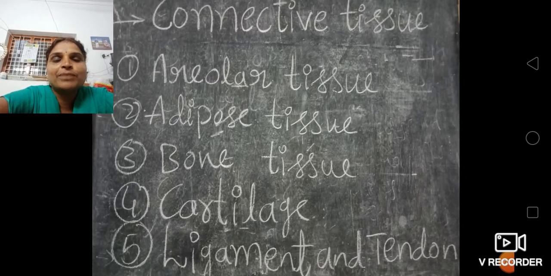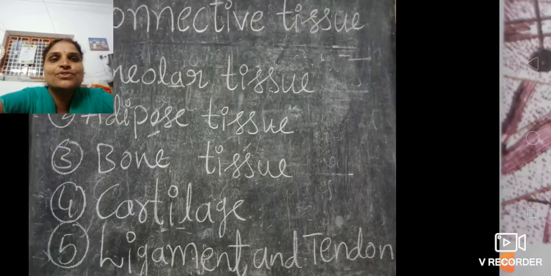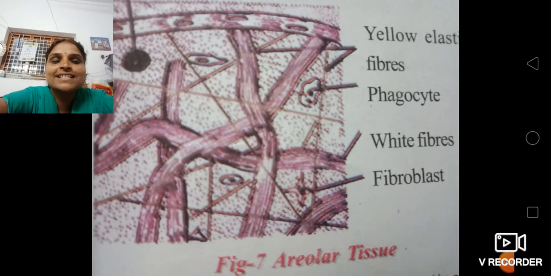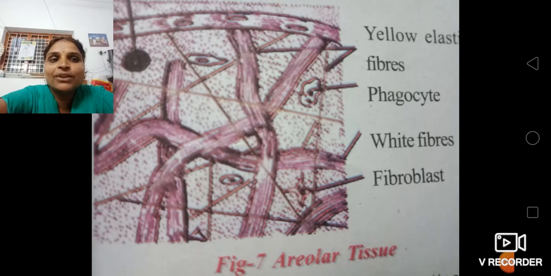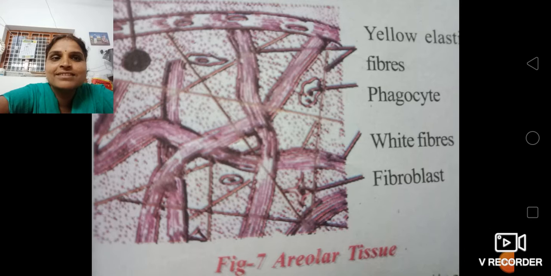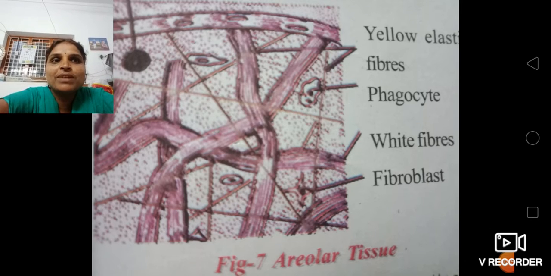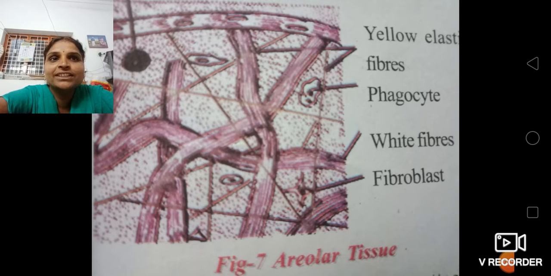See in this picture, this is the areolar tissue. Below, the name is fibroblast. The fibroblast cells perform the main function of packing and helping to keep the other organs in place.